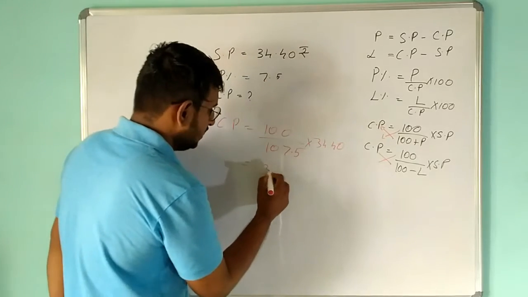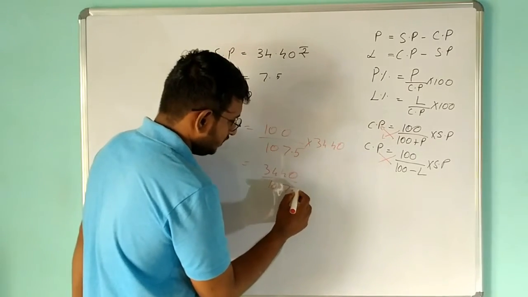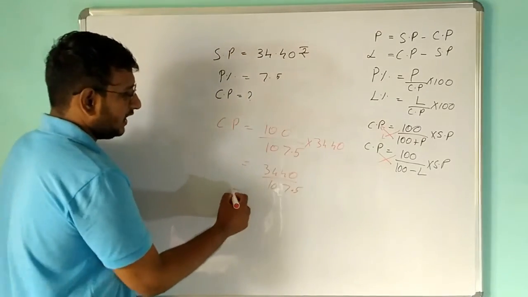Now we can cancel these. We have 107.5, and we can cancel it by the 5 table.